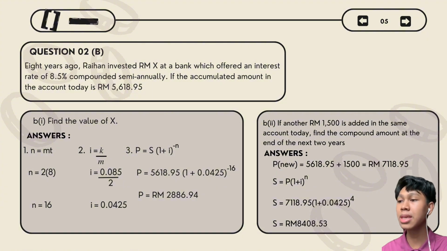The next step is P equals S open bracket 1 plus i close bracket to the power of negative n, which is 5,618.95 open bracket 1 plus 0.0425 close bracket to the power of negative 16, which gives P equals 2,886.95 ringgit.